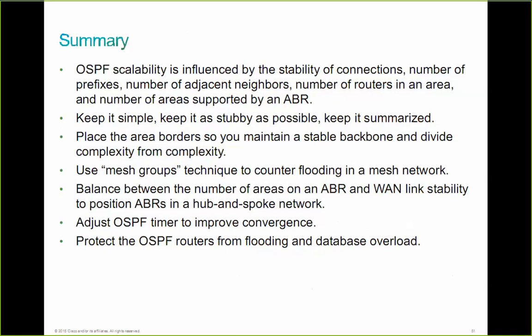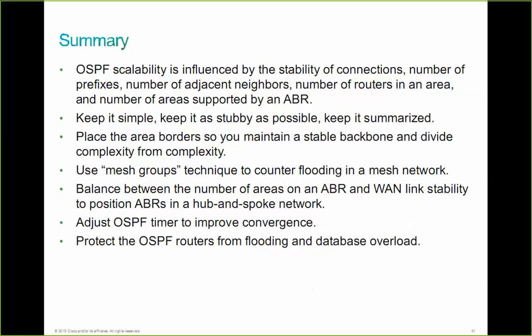Now, we, again, can't do mesh groups specifically in OSPF, but we can simulate mesh groups by identifying where LSAs can be flooded to. Balance between the number of areas on the ABR, the WAN link stability, and position the ABRs in your hub and spoke network and so on.